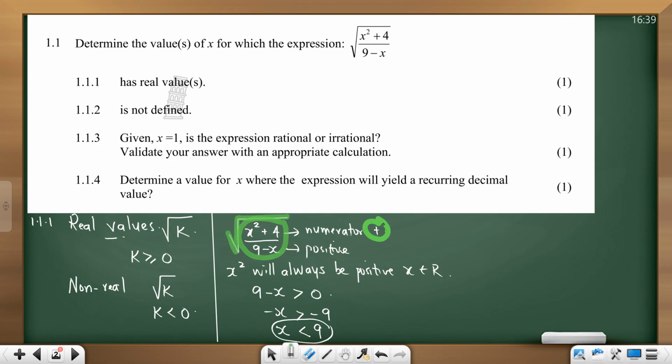If the top is already positive, my bottom cannot be negative. So my bottom must also be positive, right? And if we say something is positive, it is greater than 0. Then we solve for x. Remember, when I divide by a negative, my inequality sign changes. Is number 1 okay with you?